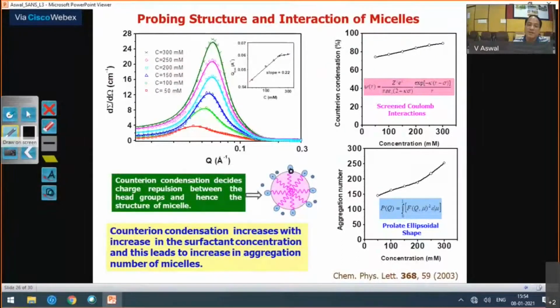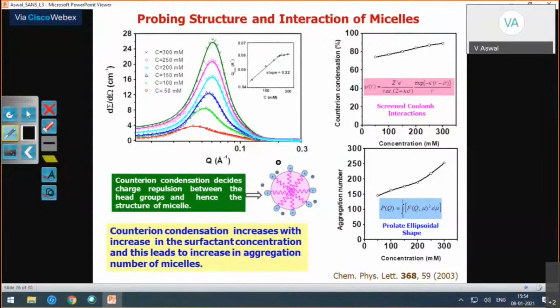The details of this I will cover in the next lectures. But what I am trying to show here is that since these are charged systems, you can again fit a charged ellipsoid, where one axis is much larger than the other.